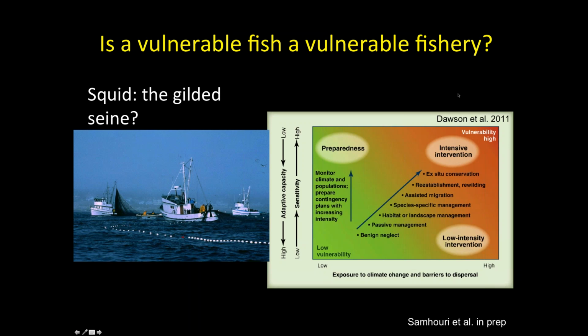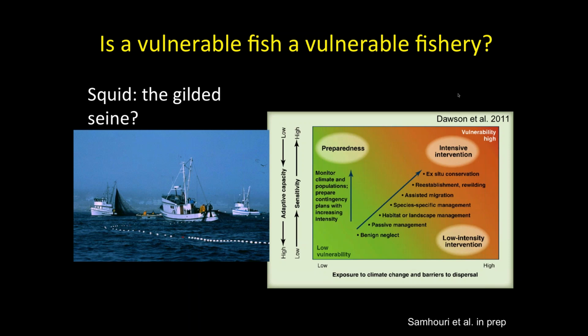Sure. So the reference of the gilded seine comes from some work that's been done by some folks on the East Coast on the lobster fishery, where they refer to the gilded trap. Maybe you've heard about that, but that has to do with the idea that there's been intense capitalization for the lobster fishery and a reduction in diversification of fisheries over there, which, if something were to happen to the lobster fishery, could have severe social consequences.